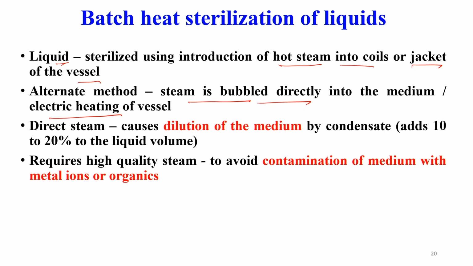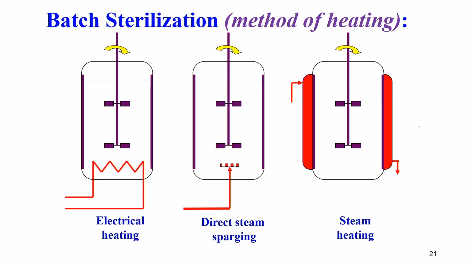So, you can have the jacket, where the hot fluid will enter into the jacket and go out like this. The other option is you can directly add the steam into your media, and the third option is electric heating.